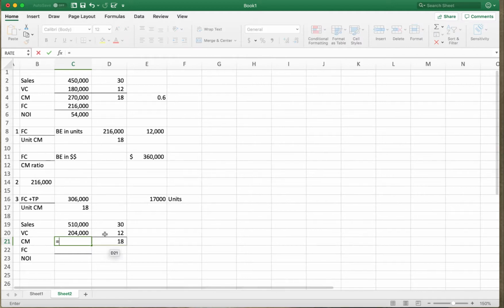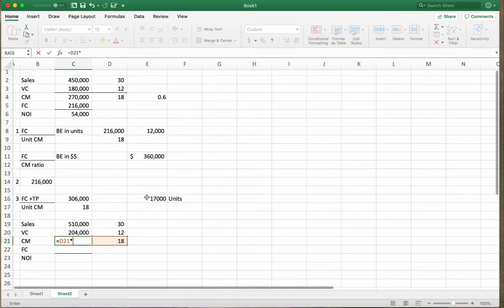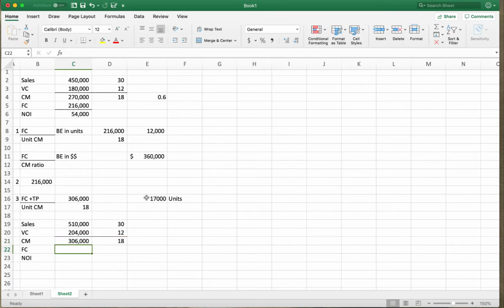I could subtract sales minus variable cost, 306. I could do it that way. But we know how this contribution margin works, right? We know it's a very important concept. If I multiply my unit contribution margin times my unit sales of 17,000, I get the same number, 306, okay? The fixed costs did not change. They're still $216,000.